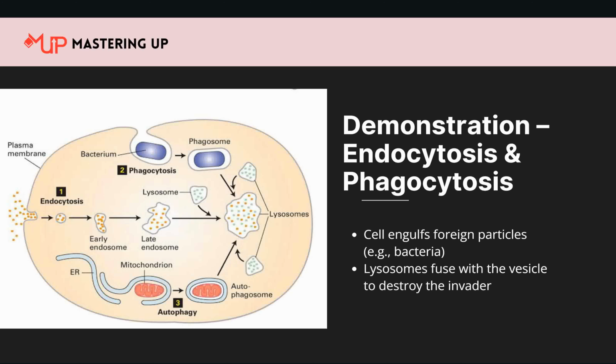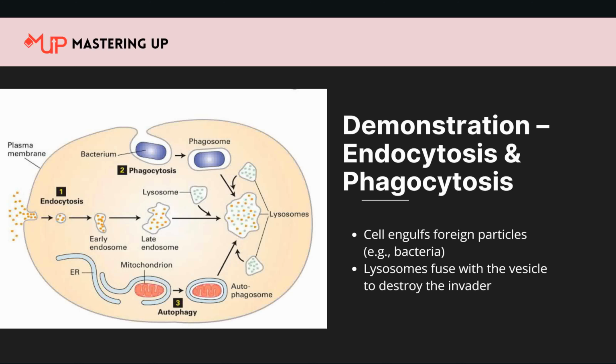The second one involves phagocytosis, where the invading bacteria is engulfed inside the cell, forming a phagosome, which later fuses with the lysosome. And similar to endocytosis, the digestion takes place, and the molecules are released. The waste is expelled out of the cell, while the useful molecules are recycled.